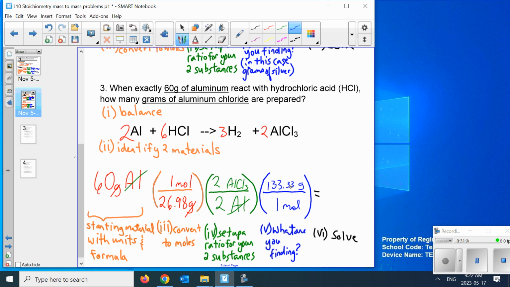So I'm going to go to 60 and divide by 26.98, and multiply by 2, divide by 2. Times 133.33. 296.5. Okay. So I'm going to write that down tiny here. You don't need to do this. I got way too many zeros.